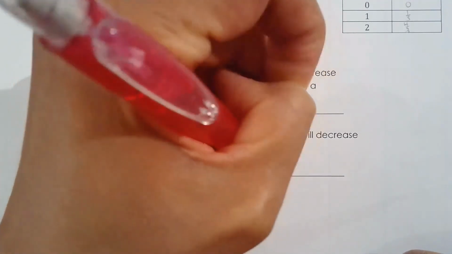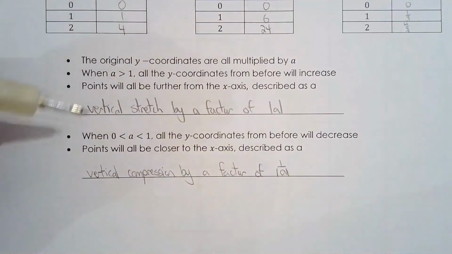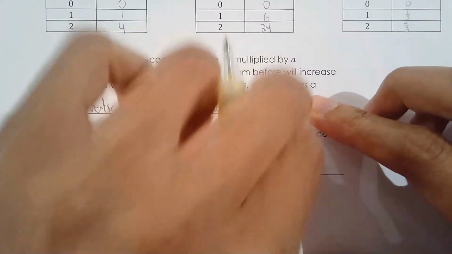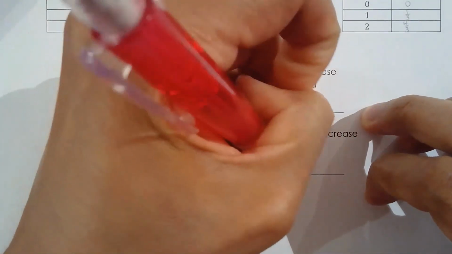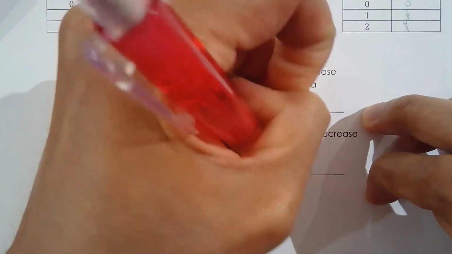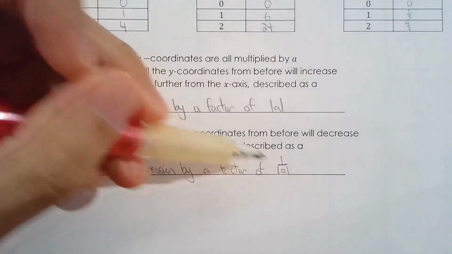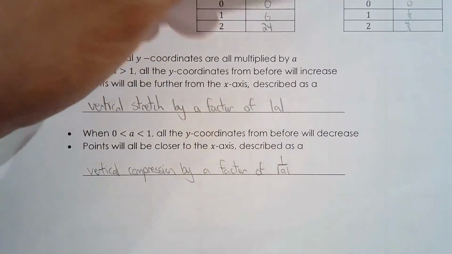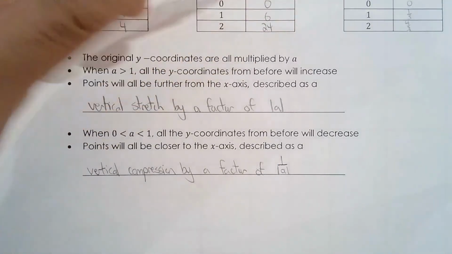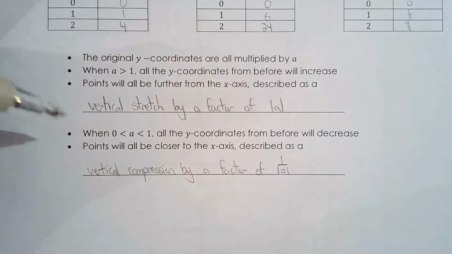I'll leave the absolute value bars. So I actually want to take the reciprocal of a. For example, if a was 1/3 like we saw in the example above, then the reciprocal of 1/3 is 3.